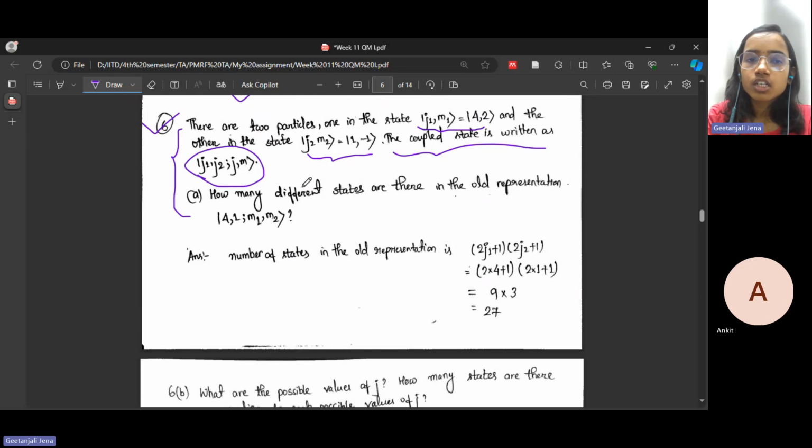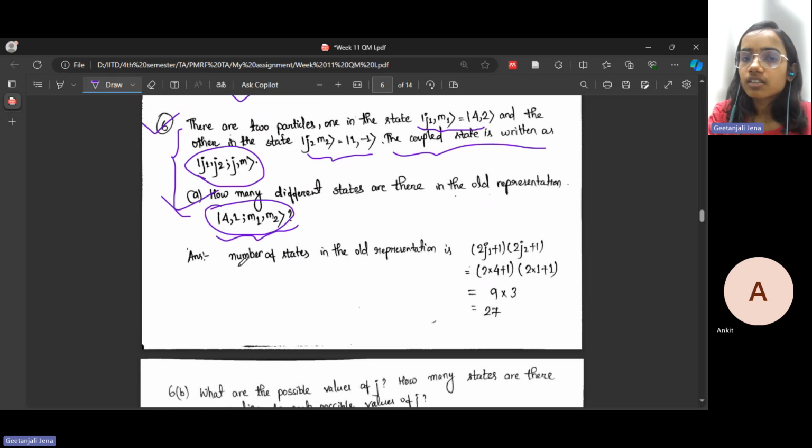This you already know. Now it is asking how many different states are there in the old representation, 4, 1 and M1, M2. So it is asking about the states present in the old representation, that is the uncoupled state. So the uncoupled state, you can write it as J1, J2, M1, M2.